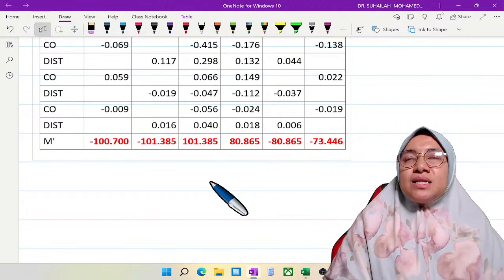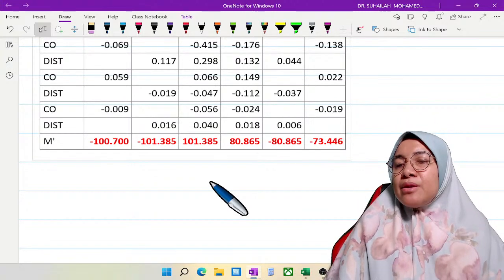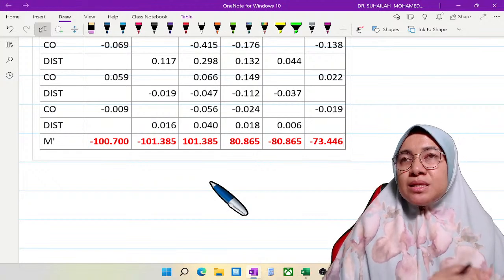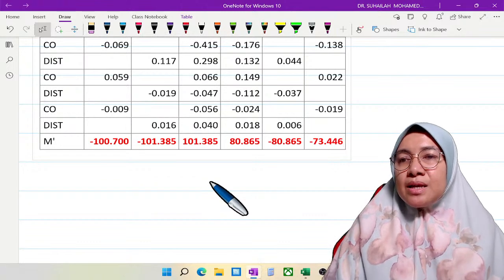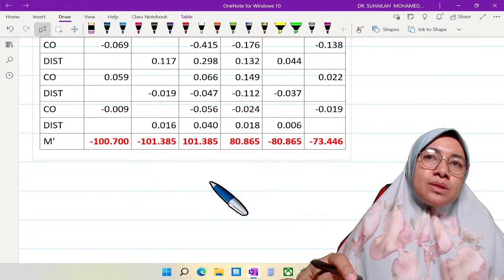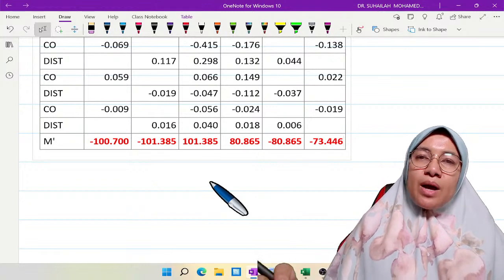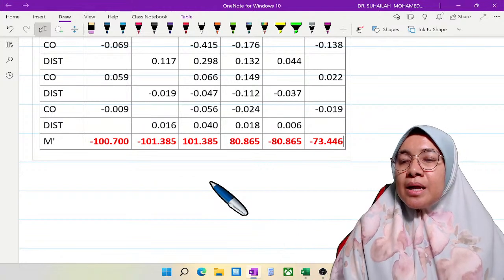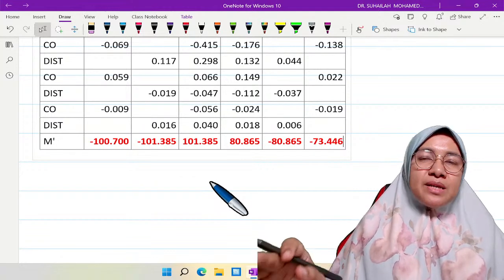So now that we have this, I don't need to repeat step 3A, step 3B and step 3C because it is exactly the same. In step 3B, the moment distribution in the table, I just put the FEM, then directly I get the M prime because I have set the formula inside.